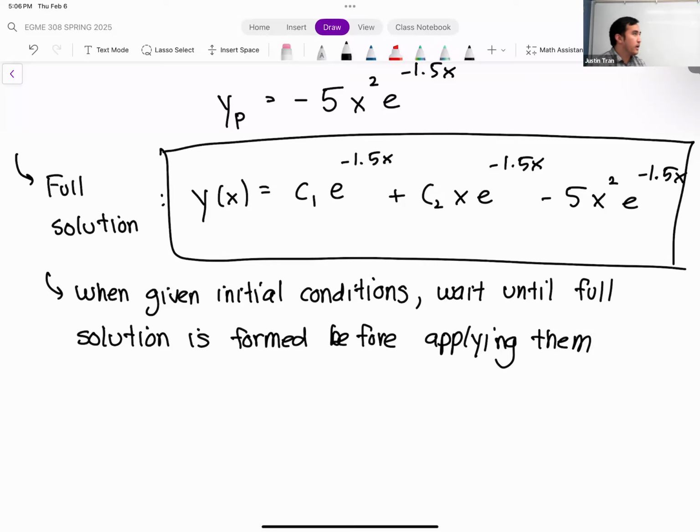I know the instinct a lot of the time, just because that's how we did it before, is to apply the initial conditions after you solve the homogeneous problem, but you have to wait until the end.